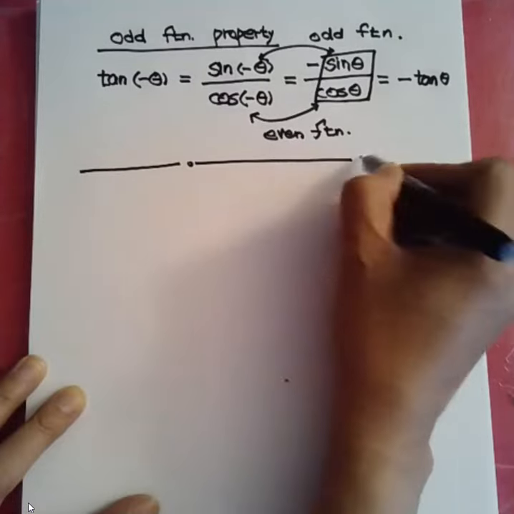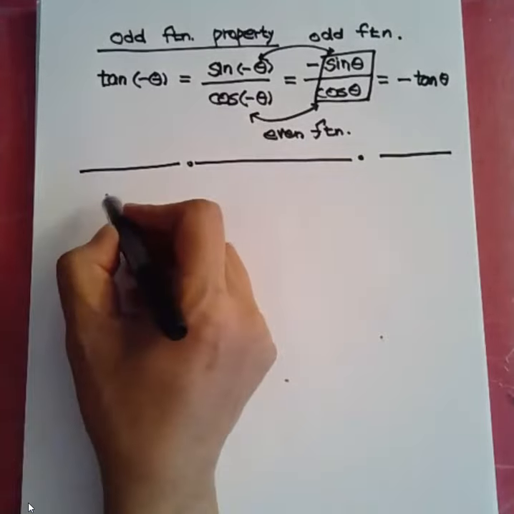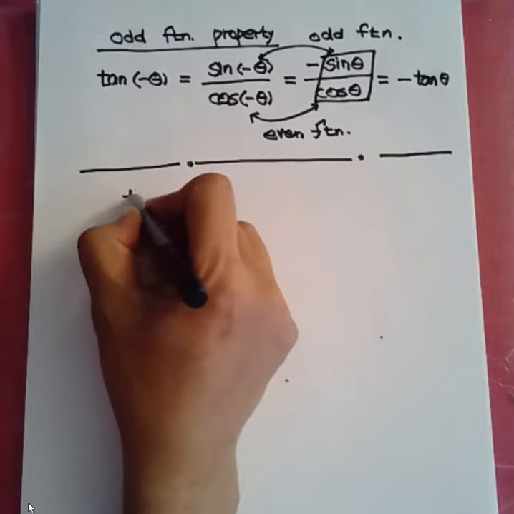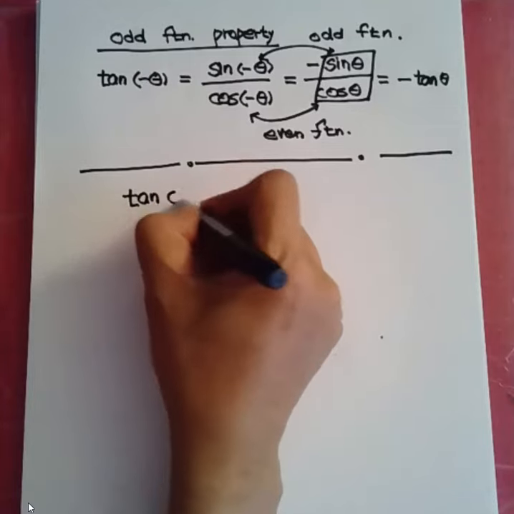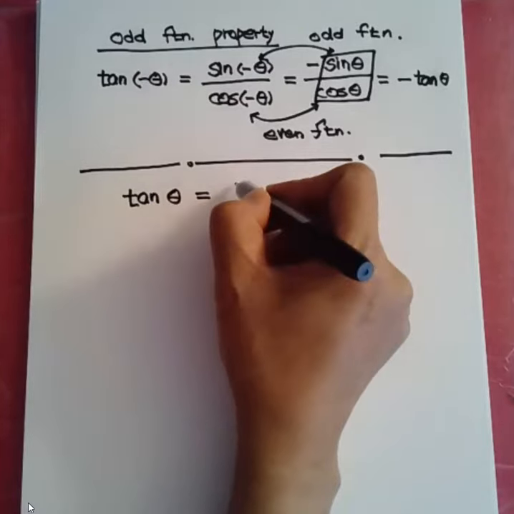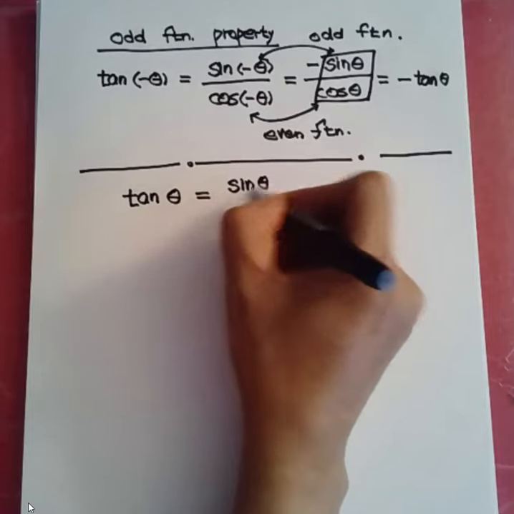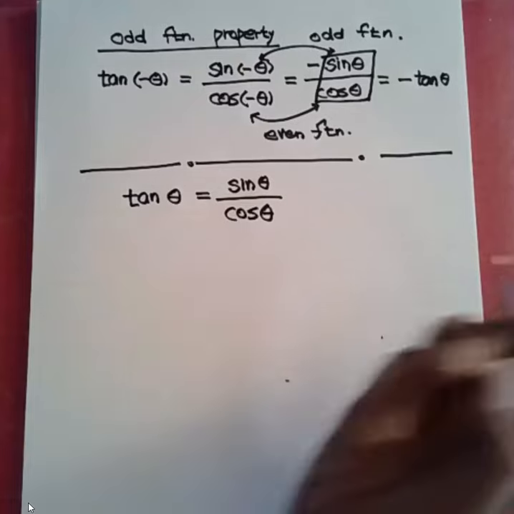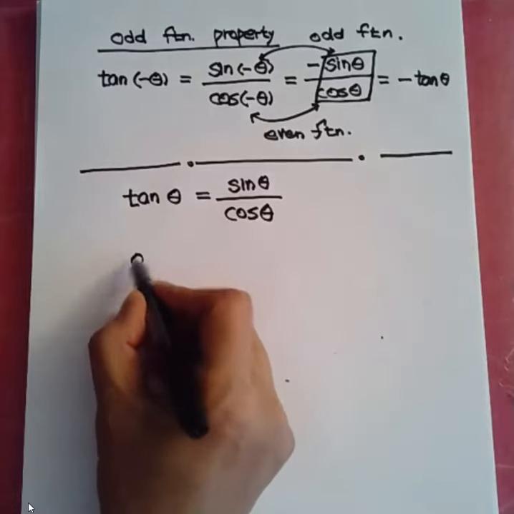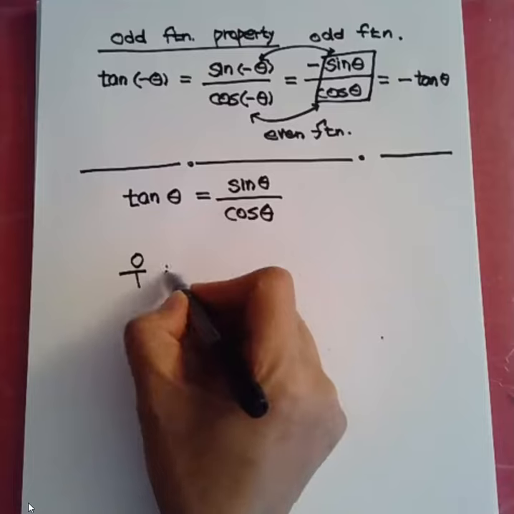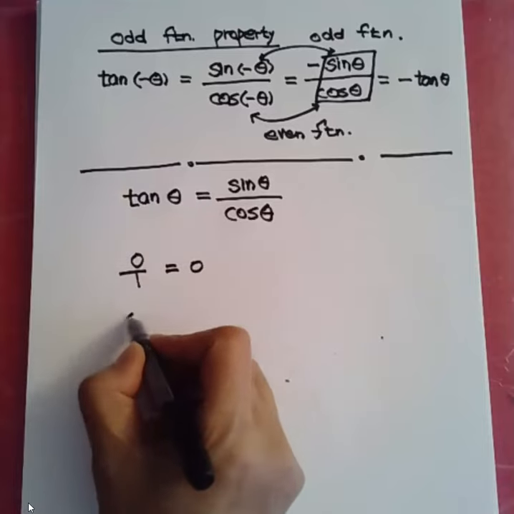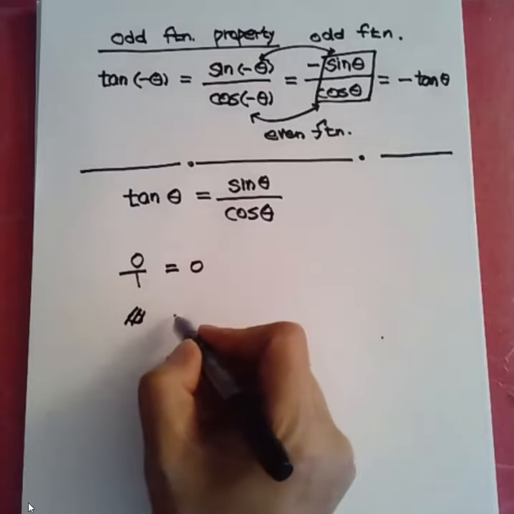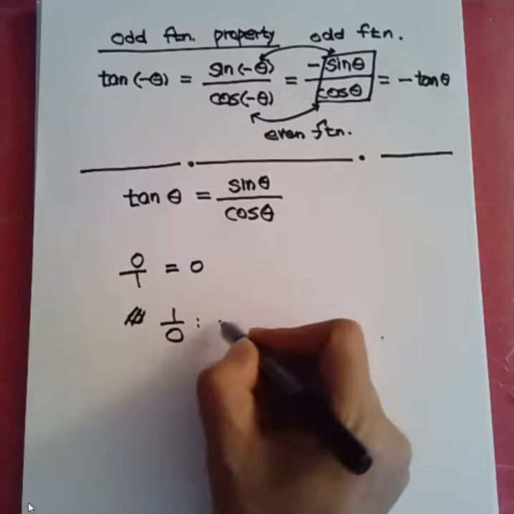Let's summarize the tangent function properties, which is defined in a fraction form. Tangent of theta is sine of theta over cosine of theta. When you look at this, what you would think about would be 1 over 0 is undefined, and 0 over 1 equals 0.